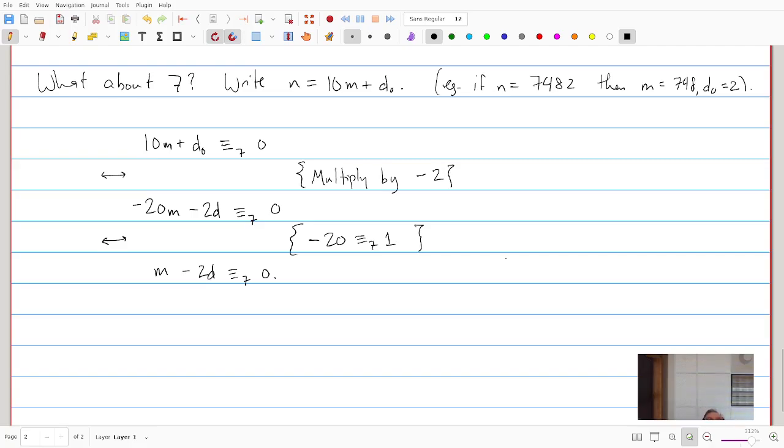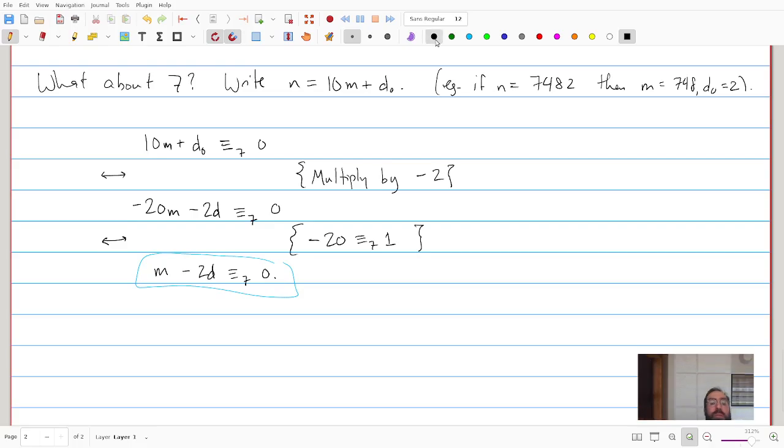And this is actually the basis for a rule that you can use in practice. What this is saying is, if you take a number, chop off the last digit, and subtract twice the last digit from the rest of the digits, then that result is divisible by 7 if and only if the original number was.